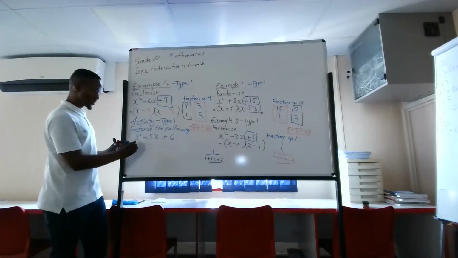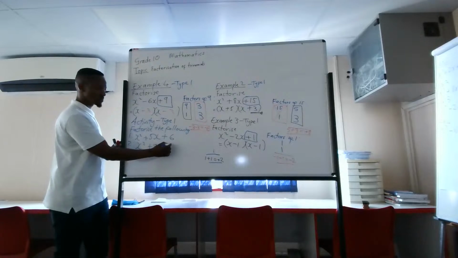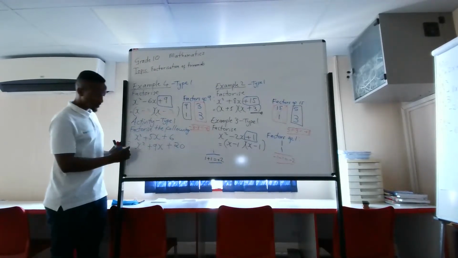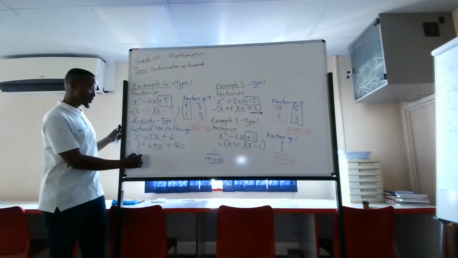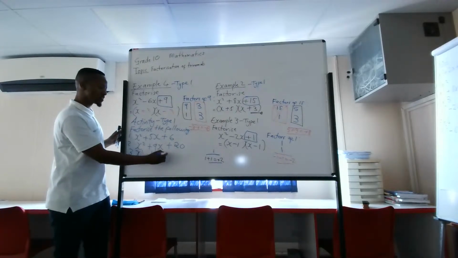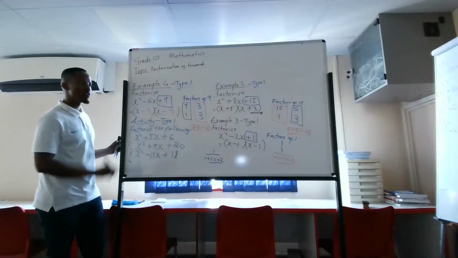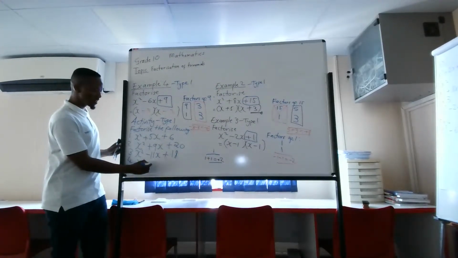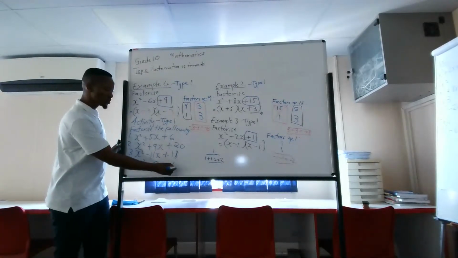Number 2, x squared plus 9x plus 20. Number 3, x squared minus 11x plus 18. Number 4, x squared minus 13x plus 42.